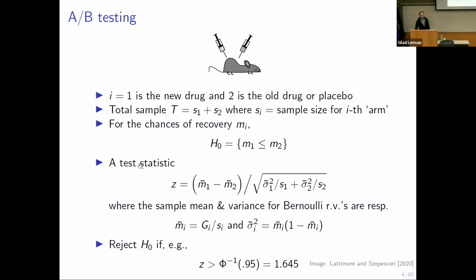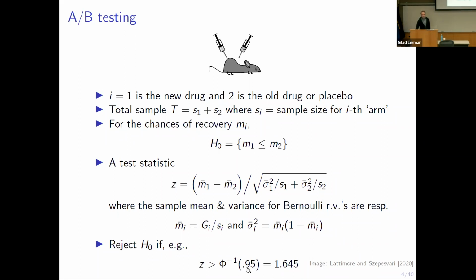It's relatively standard to form a test statistic, which is a function of the sample means of the arms normalized by the variance, if you're assuming the two arms to be Bernoulli random variables, and you reject the hypothesis if your z statistic exceeds the threshold corresponding to whatever p-value you want.